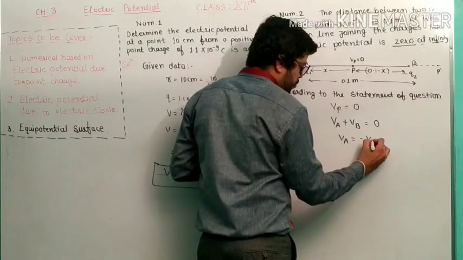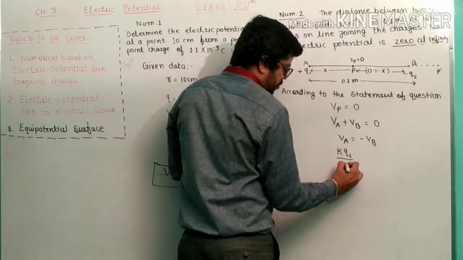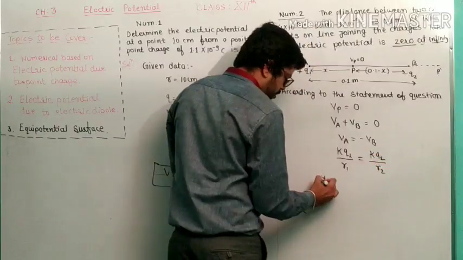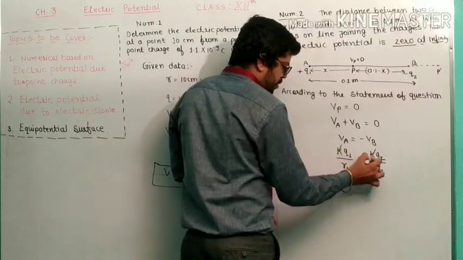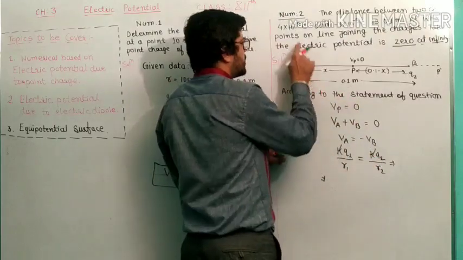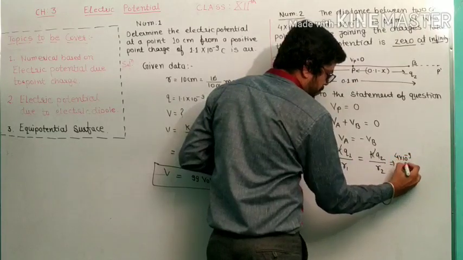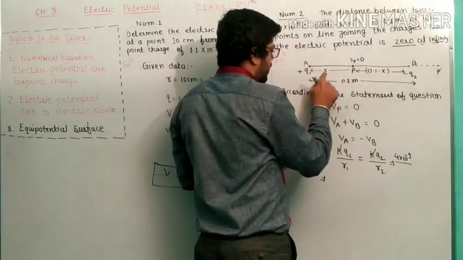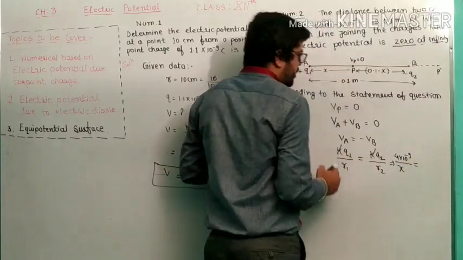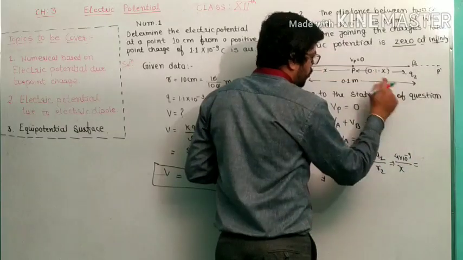So Va is equal to minus Vb. As you know, the formula is K Q1 upon R1 and K Q2 upon R2. K is a constant, so it cancels. The value of Q1 is 4 into 10 to the power minus 9 coulomb, and R1 is x, the distance between point P and point A. The distance between point P and point B is 0.1 minus x.